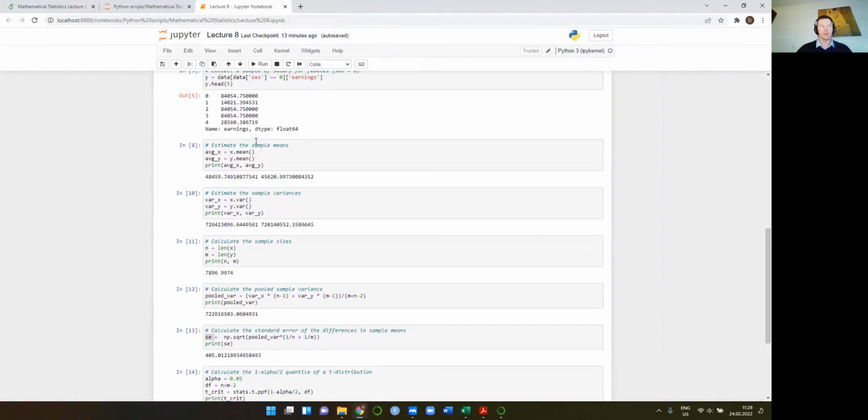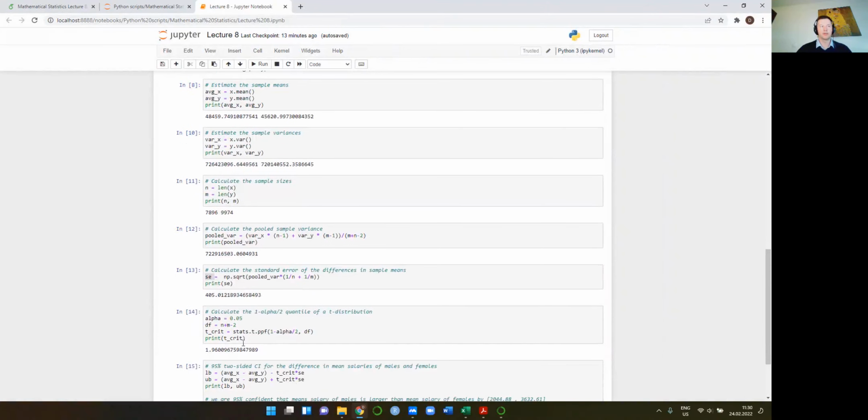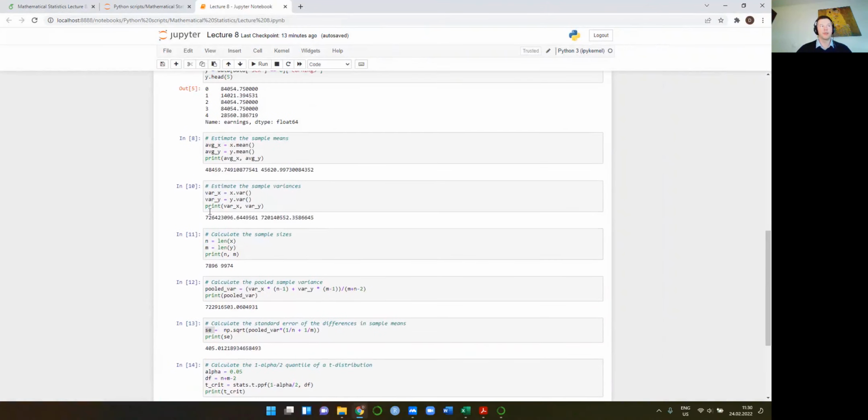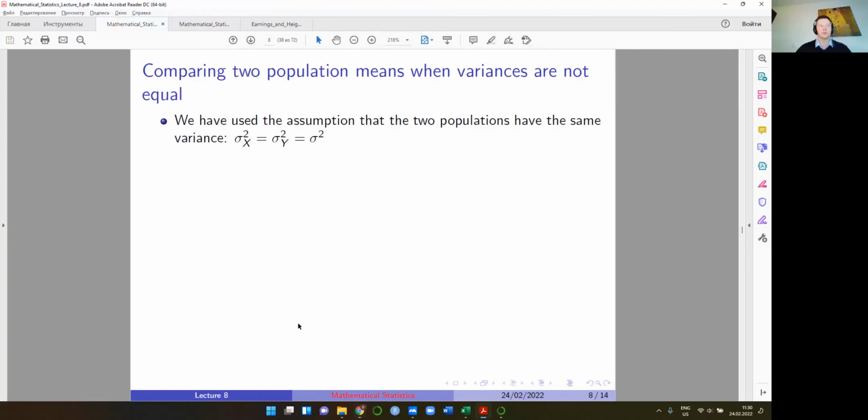Based on this example, we have calculated variances. They are kind of close to each other, but we cannot say that they are equal, right? As here, the mean salaries are very close to each other, but those are different. We have tested this. So what to do if these variances are not equal?